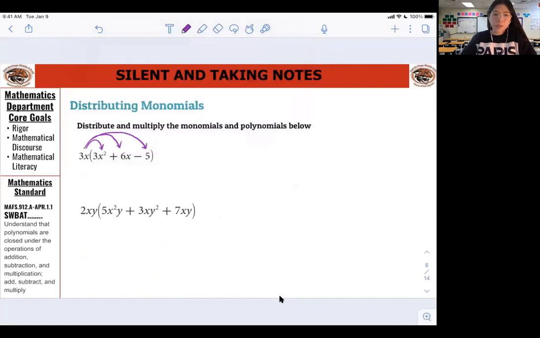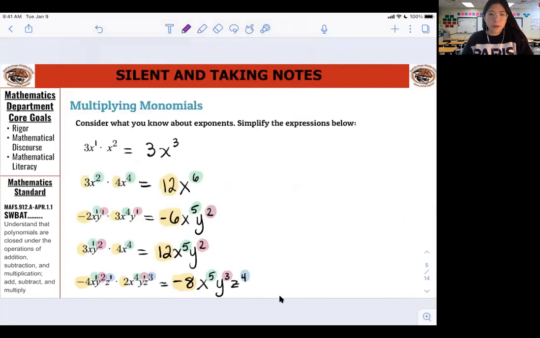Multiply. So we're just going to be multiplying and using those same exact properties we learned about on this slide. We're going to apply it on the next slide. So just remember, you multiply the coefficients and you add the exponents. So here we go.